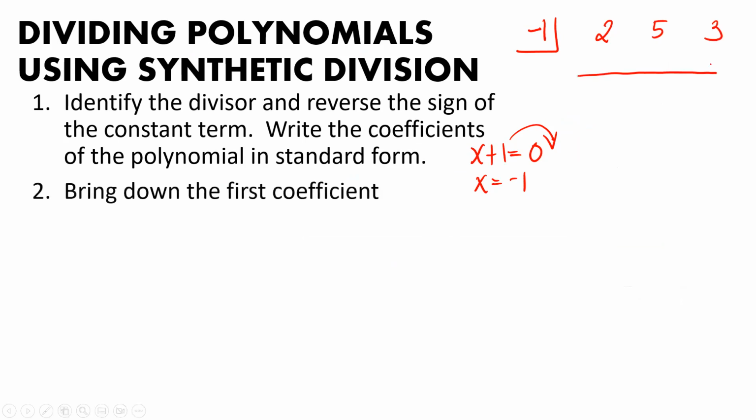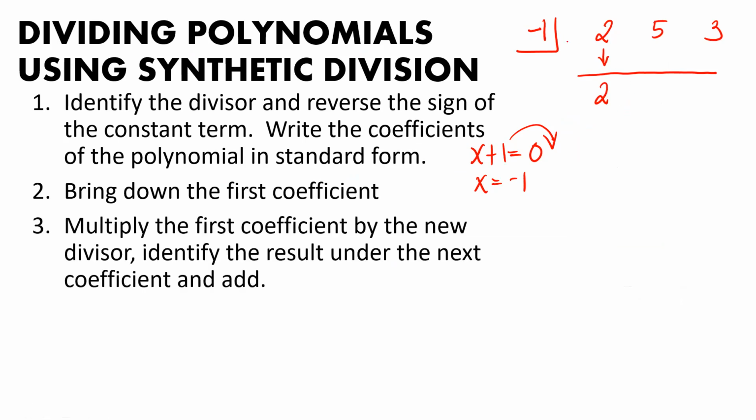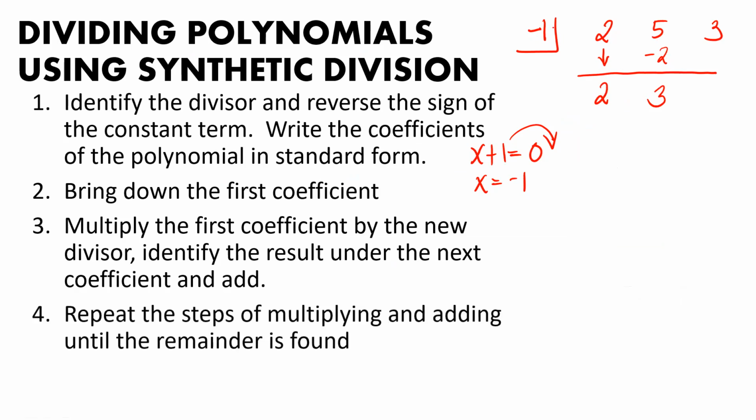Next step, bring down the first coefficient. I-bring down, ibababa. So, 2. Then, i-multiply daw natin the first coefficient sa new divisor. 2 times negative 1 is negative 2. Then, identify the result under the next coefficient and add. So, 5 minus 2 is 3. So, repeat lang tayo. 3 times negative 1 is negative 3.